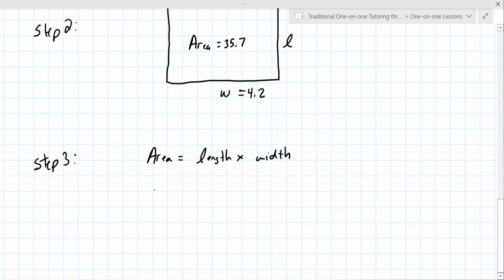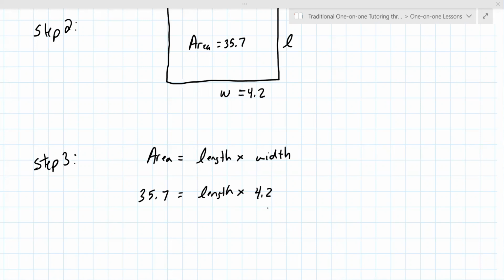You know the area is 35.7, and the width is 4.2. So the length times 4.2 equals 35.7.